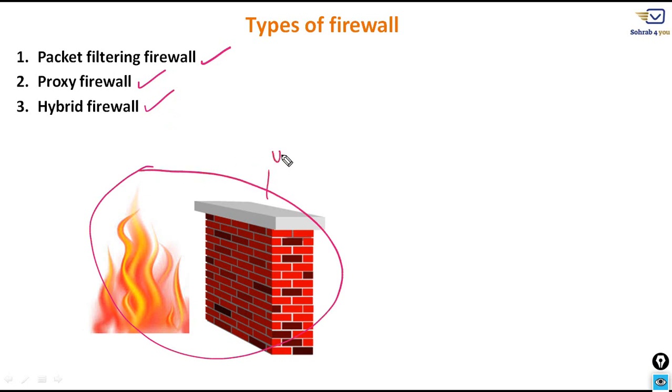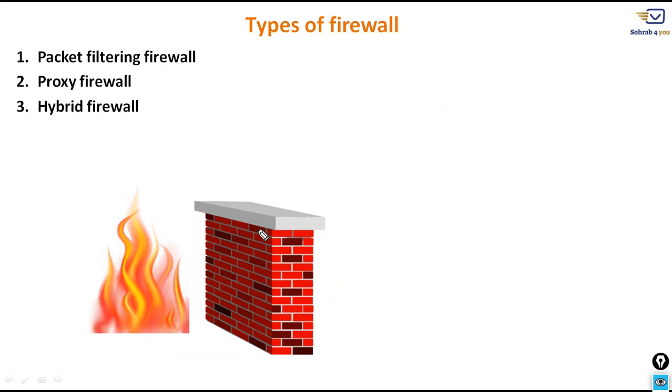We have a wall and we have a fire, plus wall, firewall. So anytime you see this symbol or icon, it represents the firewall. So yeah, guys, let's move to the next.